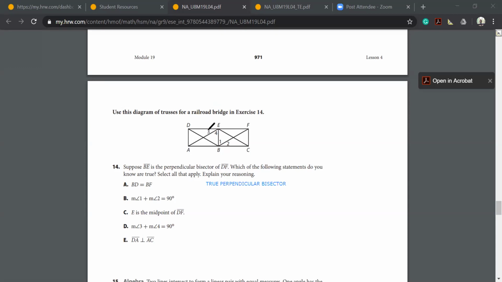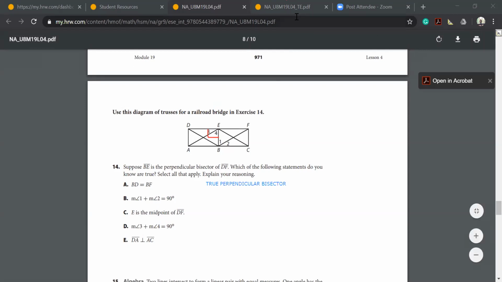This is something I know for sure. 3 and 4 are 90 degrees. But do I know for sure that 1 and 2 are equal to 90 degrees? What do you think? Actually, I know for sure that 3 and 4 are 90 degrees.